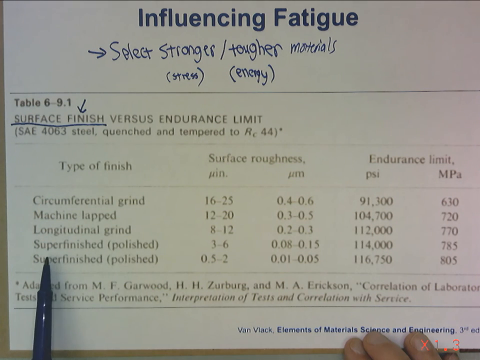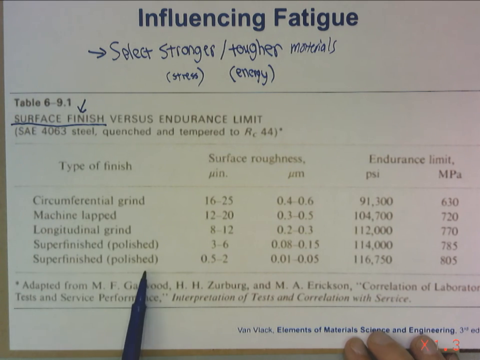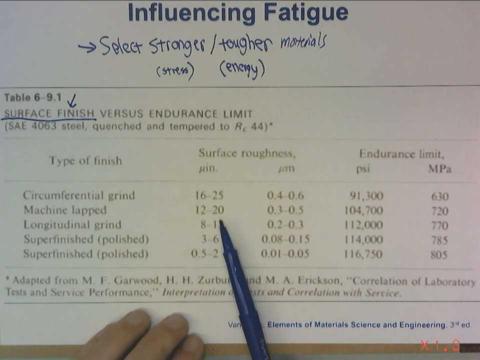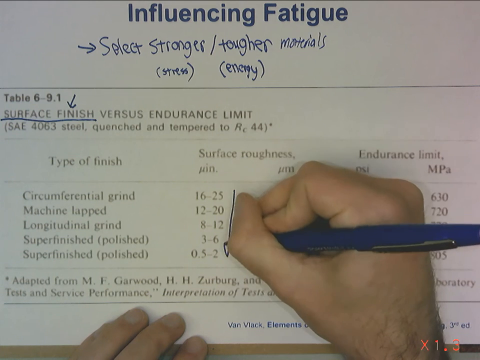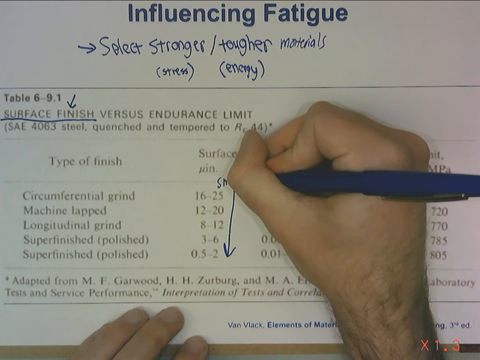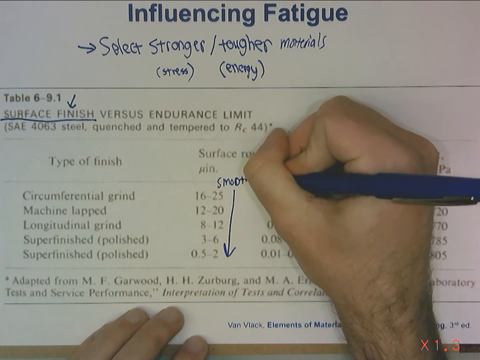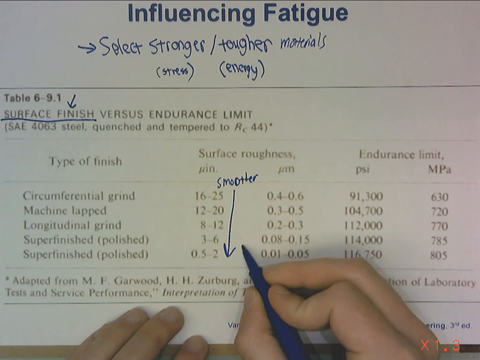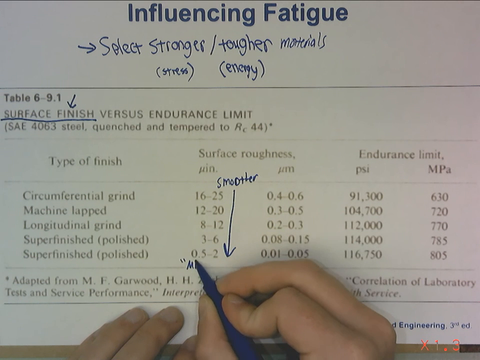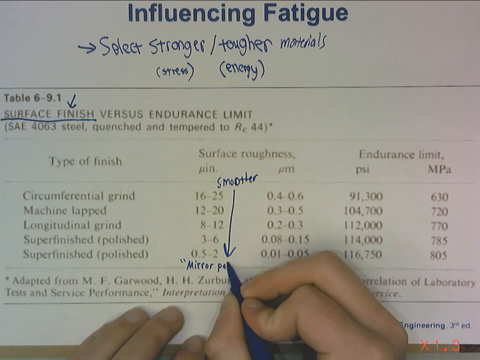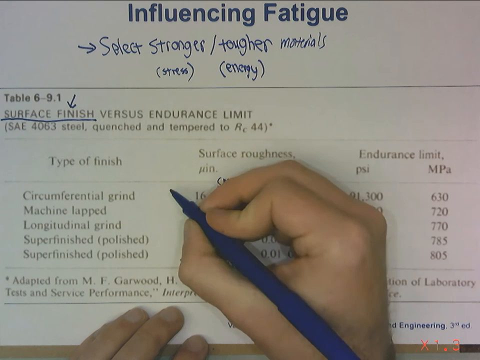Longitudinal grind added. Super finished with extra polishing. Another super finished with extra polishing. Well, as we get a smoother and smoother surface, so getting smoother, this is going to be like a mirror polish down here.